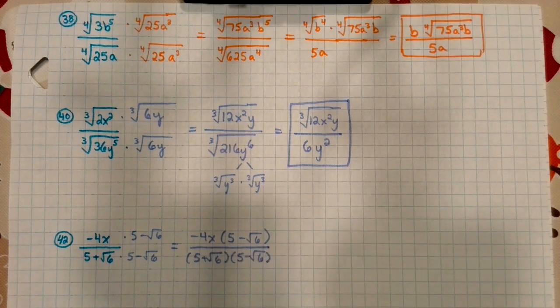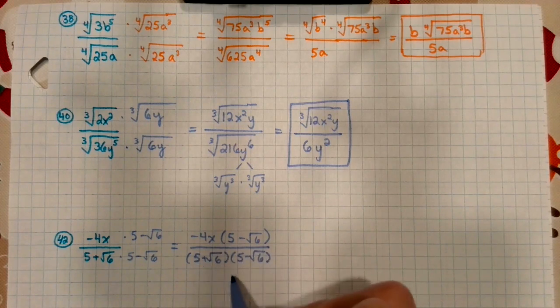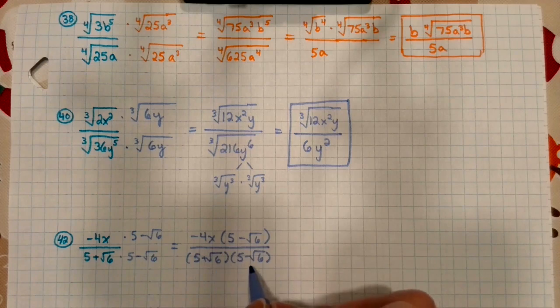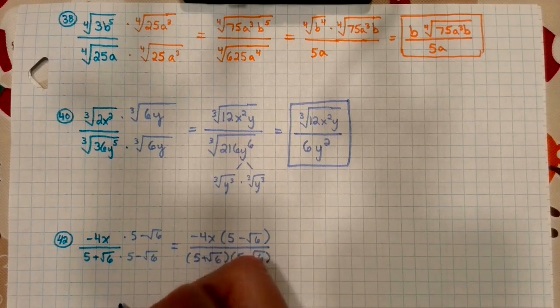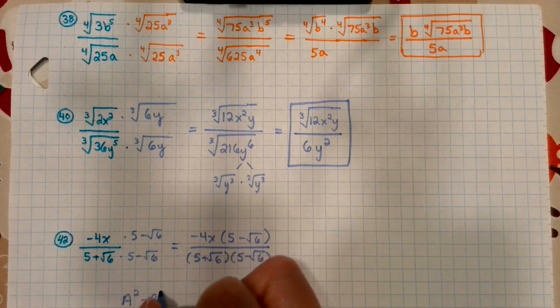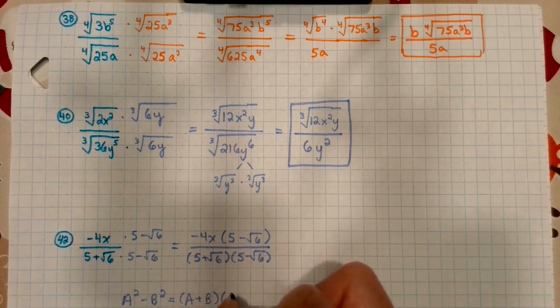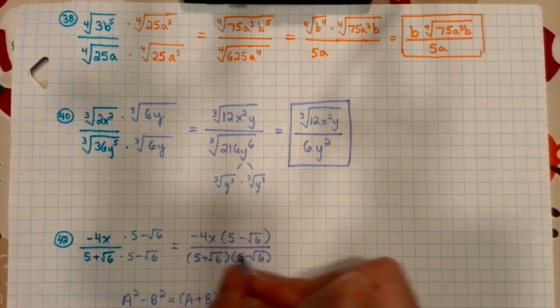So what's going to end up happening here is we have to go back to our difference of squares rule, and this is going to be that same idea. So you could go through and use FOIL, but if you can recognize this as being the answer to a difference of squares, it makes it a lot quicker of a problem. And again, that difference of squares, we have basically a squared minus b squared equals a plus b times a minus b, which is the same situation that we have here.